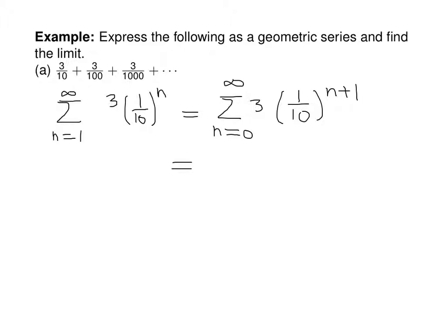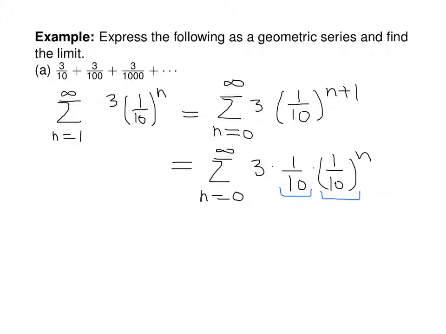And then I can write that as a sum from n equals 0 to infinity of 3 times 1/10 times 1/10 to the n. And that comes from exponent rules. If you were combining these, you would add the powers up to n plus 1. And now we can use our formula for the sum of a geometric series. The a is equal to 3/10. The r is equal to 1/10, and since that is in between 0 and 1, we are able to use the formula a over 1 minus r.